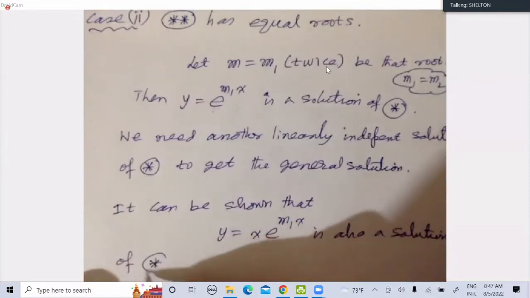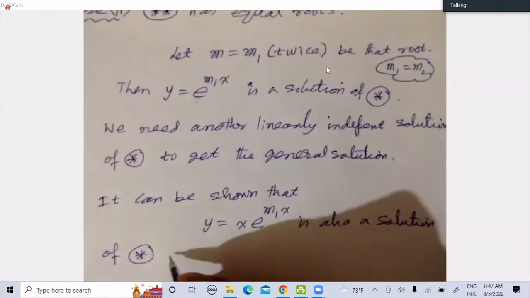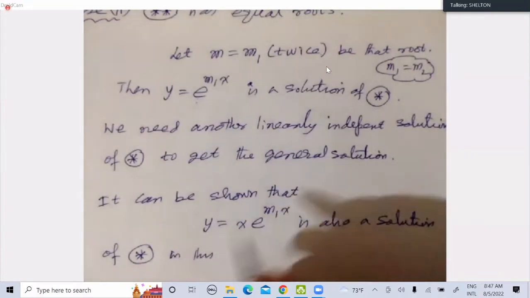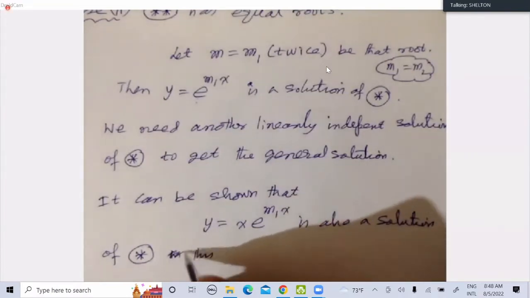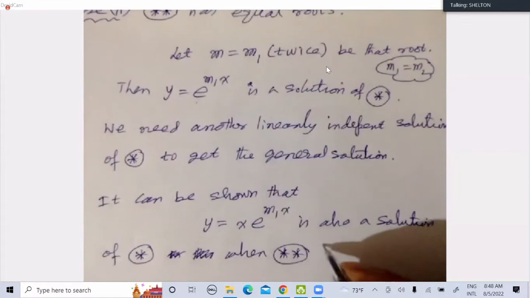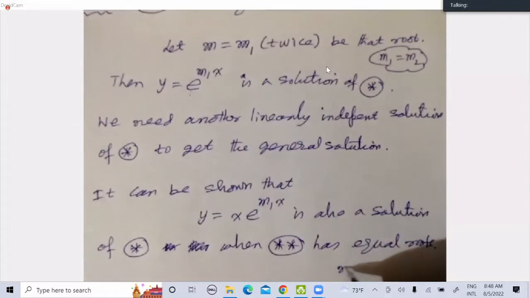Solution of star meaning the differential equation. In this case, it can be shown that this is also a solution of star, when double star has equal roots, m equals m1 twice.